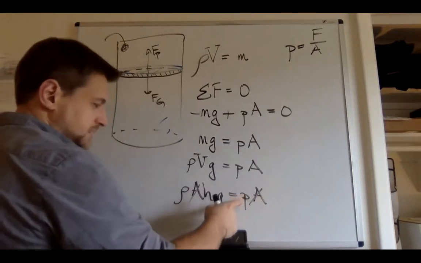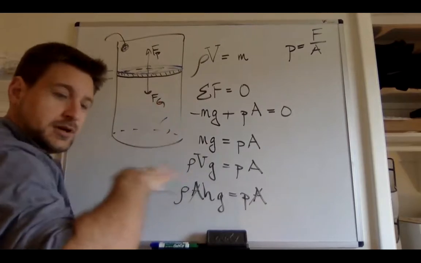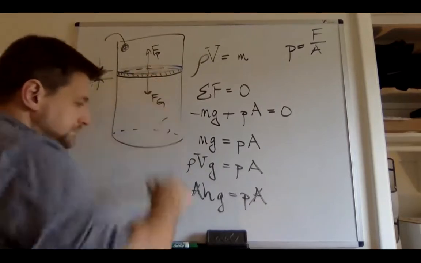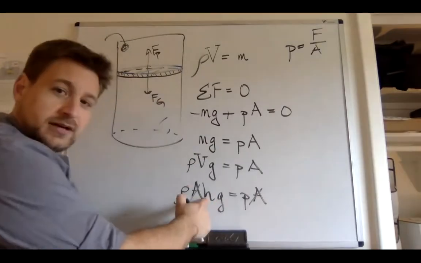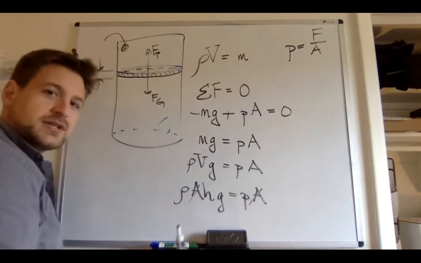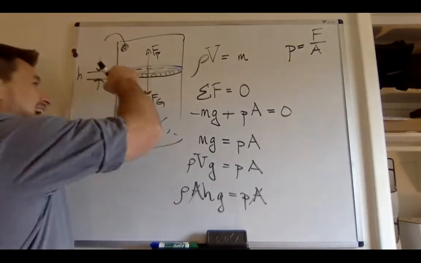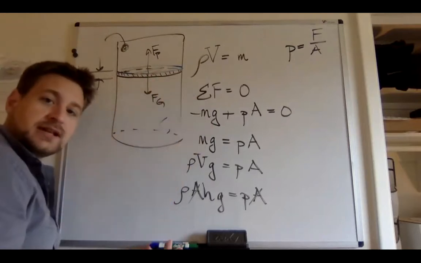And the pressure that must be pushing up from below on that disk of fluid is rho g H, where H is the thickness of that fluid. In other words, the height of the fluid above whatever point it is we're talking about.